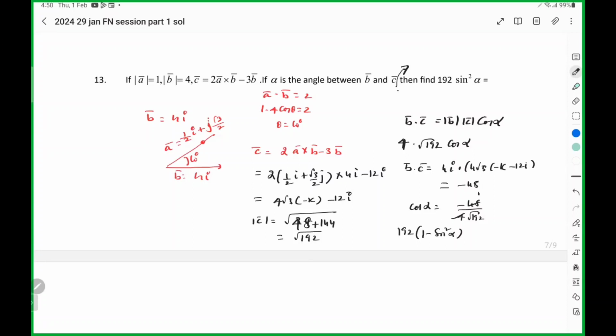Here it is cos square alpha will be 12 by 192, which is 12. So 192 sine square alpha will be 180.